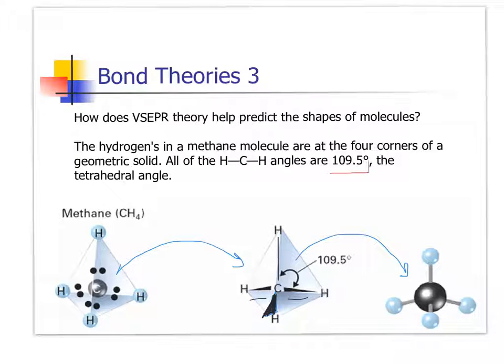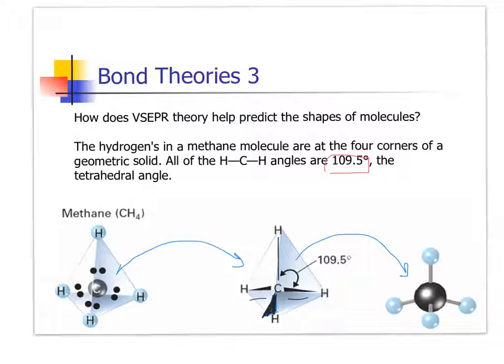And even more specifically, 109.5 is what it is for all tetrahedral ones. And when I say tetrahedral, that's identifying the electron geometry and the molecular geometry for those molecules. We then have to go through and identify some other things, and the bond angle will change.